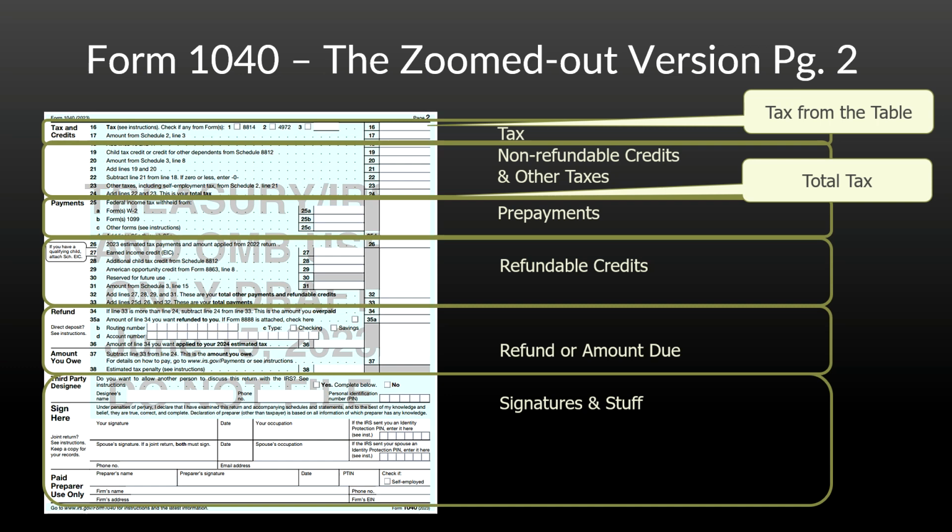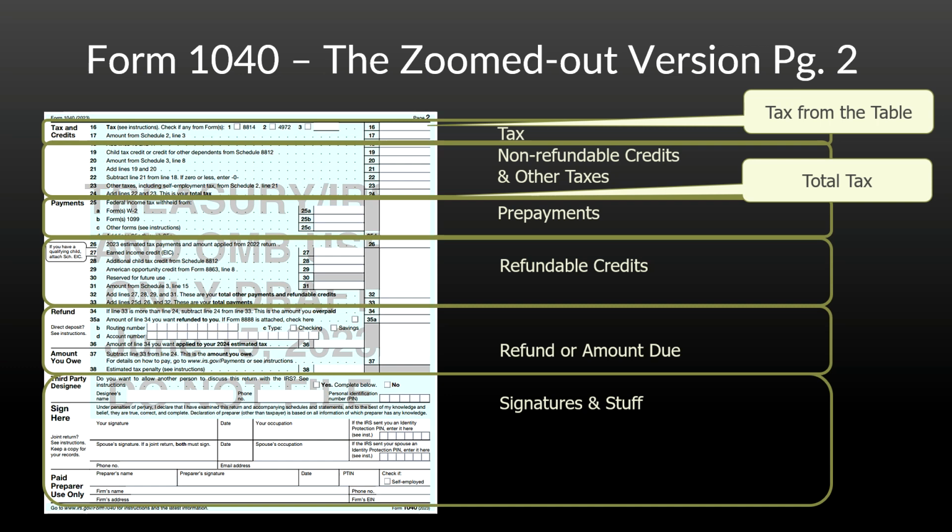Non-refundable credits can lower the amount of tax you owe to 0, but they cannot give you any money back if your tax amount is 0. Then there are other taxes, things like self-employment tax, that might need to be added back into your tax. So then you get to the line total tax.